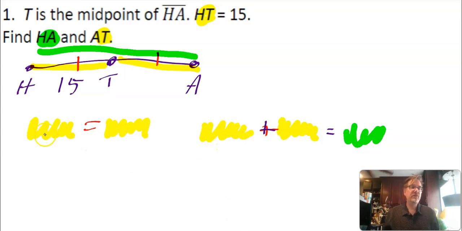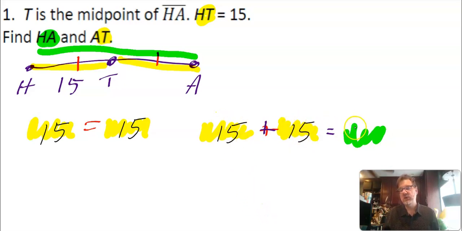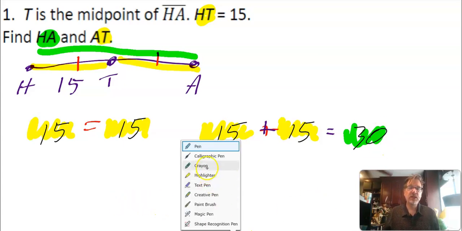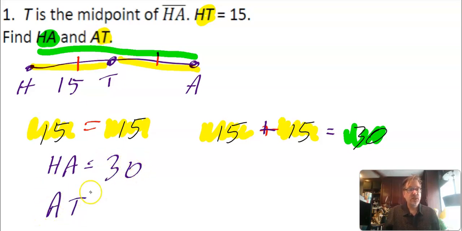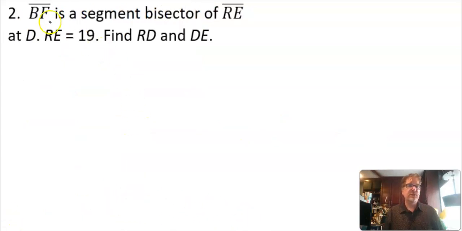So if they give me yellow, I know every yellow is 15. And then 15 plus 15 equals 30. So if we write it out, green, HA, is 30. AT is yellow, and every yellow is 15. Easy.